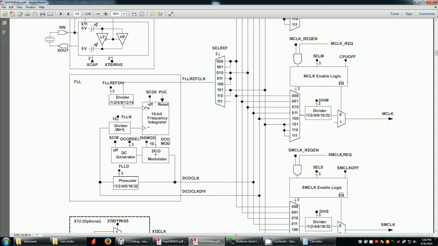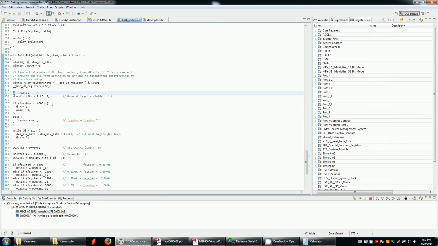Our division will be correct to match these two clock inputs, which means that the DCO output will just be FFLN times this reference clock input. If we don't use this, whatever number we load in this to match them means that DCO clock is that many times faster than reference clock. So for our case, that's not going to happen, and we'll step through this code to see how this works.